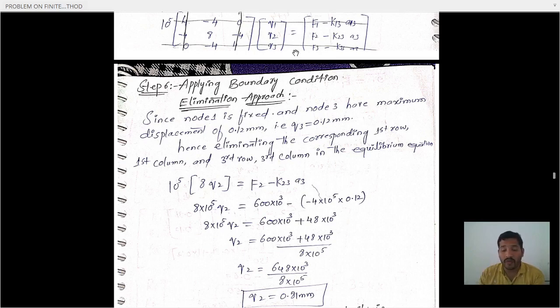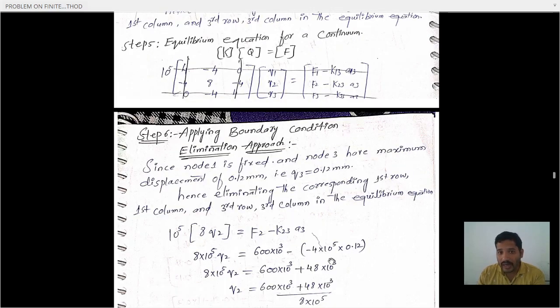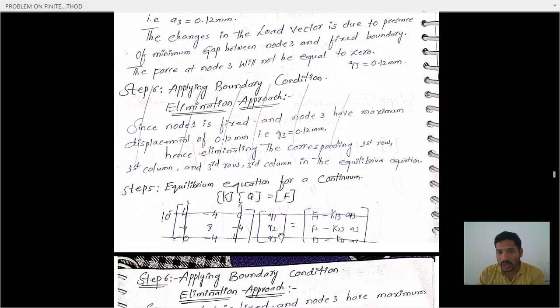How much F value is given? 600 into 10 power of 3 Newton is given. Is it right? Minus K23. How much did we get for K23 here? Minus 4 into 10 power of 5. You may be thinking, sir, how did you get this K23 value?